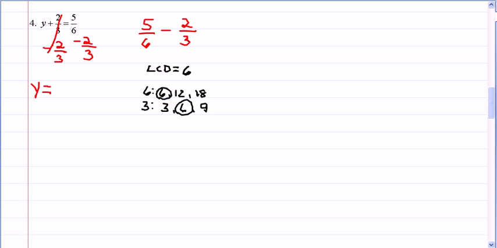I want both denominators to be a 6, so I just have to multiply the second fraction by 2, so that I have 5/6 minus 4/6, which is 5 minus 4 over 6, which equals 1/6. So my value for y is 1/6.